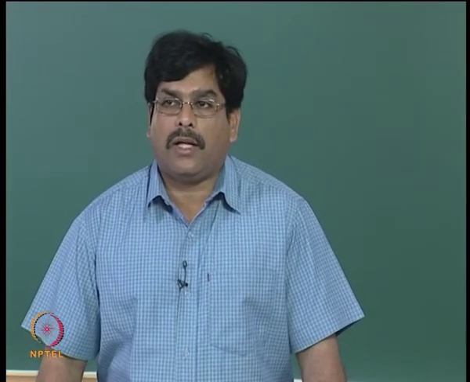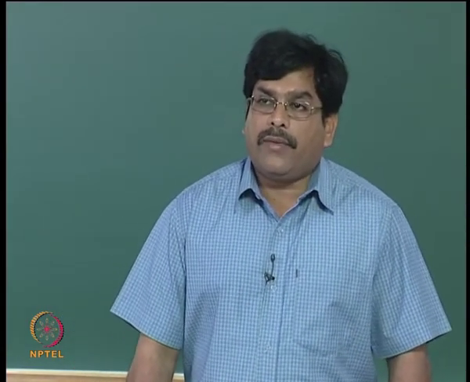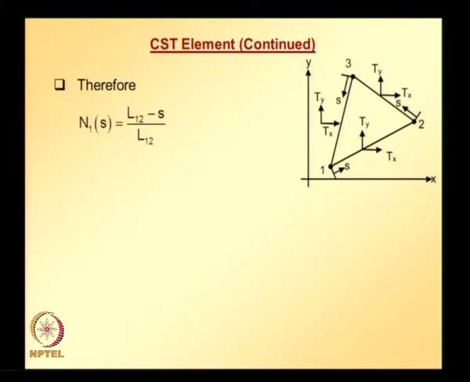Along side 1 2 the only non-zero shape functions are n1 and n2, and the expressions for these shape functions can easily be obtained using the Lagrange interpolation formula, knowing the nodal coordinates of nodes 1 and 2. These equations are obtained using the Lagrange interpolation formula that we discussed many times earlier.